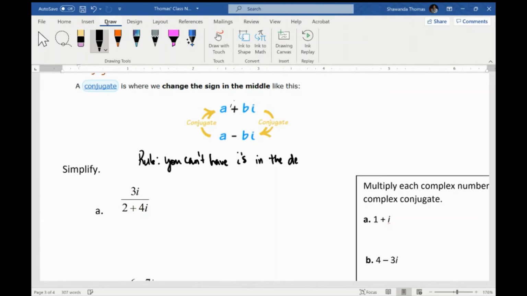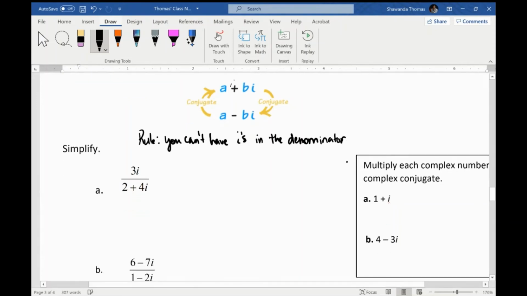So guess how we're going to get that i out of the denominator? Multiply the top and the bottom by the conjugate, which is what again? 2 minus 4i.